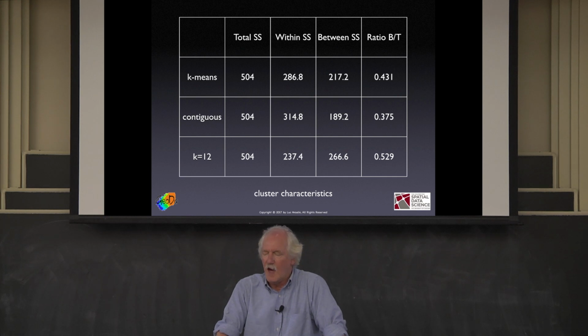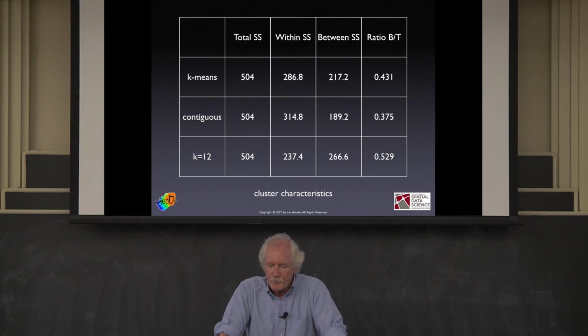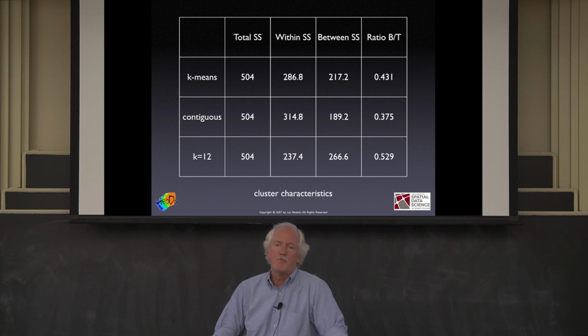So the higher the number, the better you're doing in terms of clustering. So obviously the best, quote unquote, is for 12, but that's cheating. We're not keeping the same number. It's the same as with principal components. If you do more of these, you will get a better score. The question is, how much better is it than the previous case?